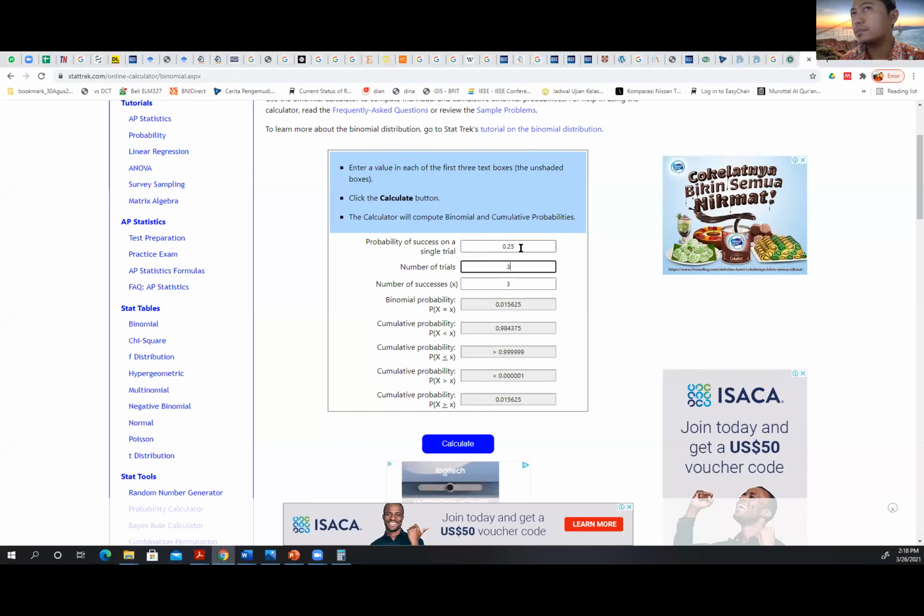So here the probability is 0.4, remember. And the number of trials is 15, based on the exercise. The number of successes is 9, because 0 to 9, and then calculate.